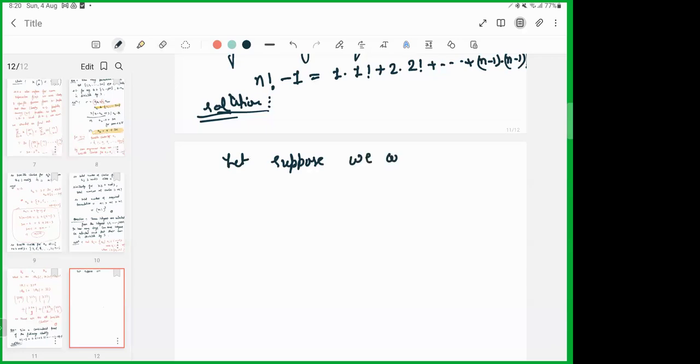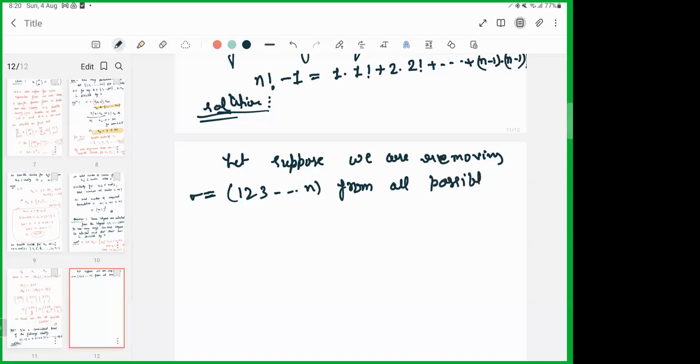We are removing the permutation sigma equal to 1, 2, 3, up to n, from all possible permutations on n symbols.